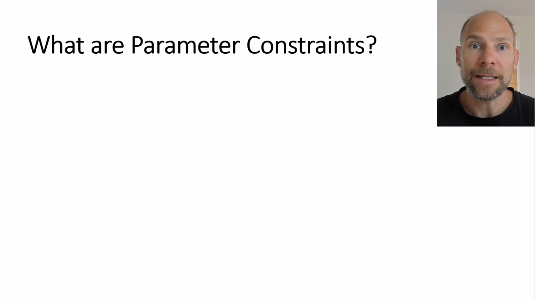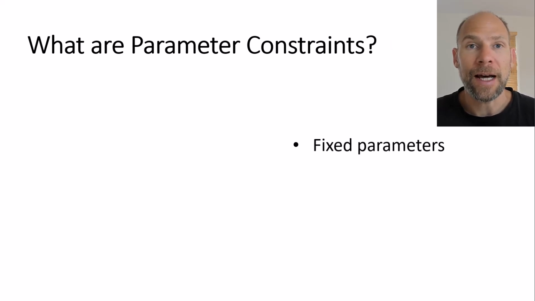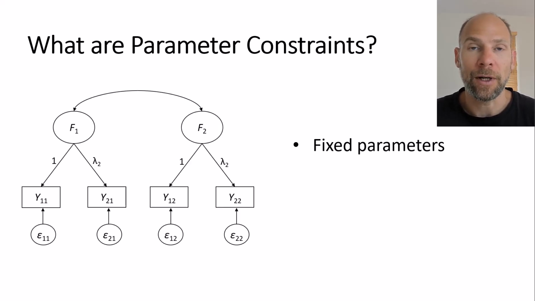Let's get started with the first type of parameter constraint. The first type of constraint that we have in factor models and structural equation models are fixed parameters. This means those are parameters in our model that we do not estimate. There's one very prototypical example when you have a factor model or a structural equation model with multiple indicators for a given factor or multiple factors.